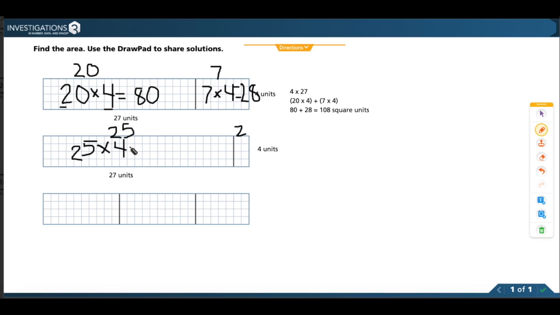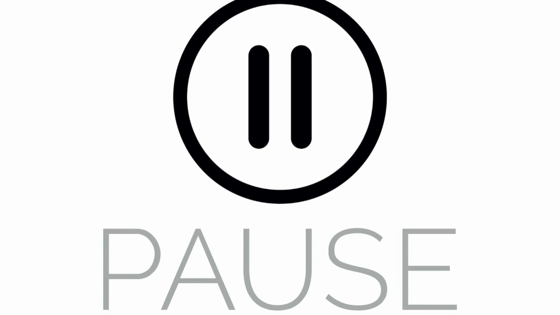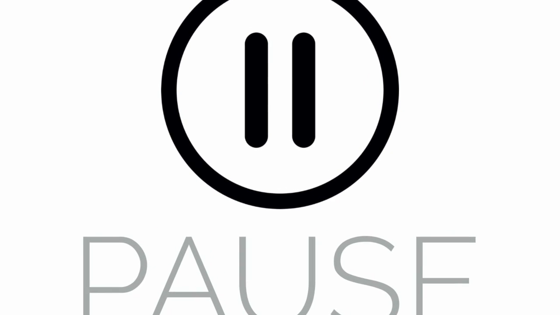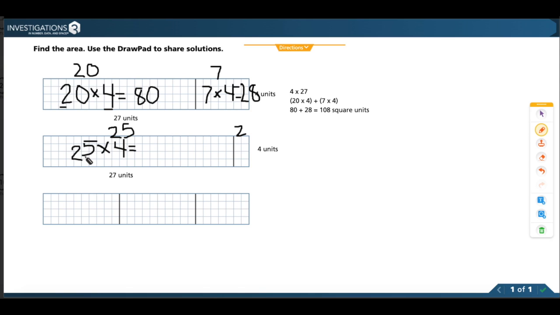What might be nice for you to think about is that 25 is 1/4 of 100. So a way for me to think about this is 25 plus 25 I know is 50. So then 25 plus 25 plus 25 plus 25 would be 50 plus 50, or 100. 25 times 4 would be like having 4 quarters, which is equal to 100.